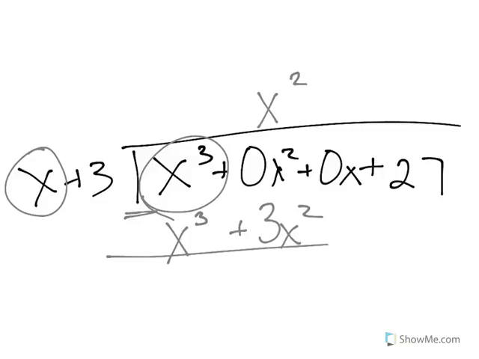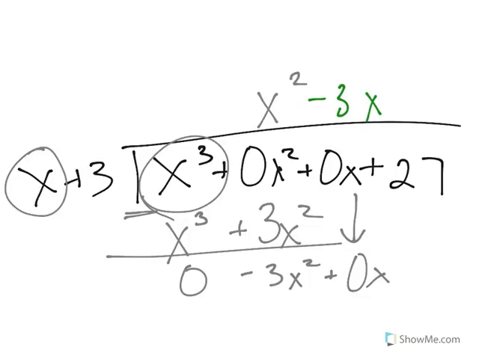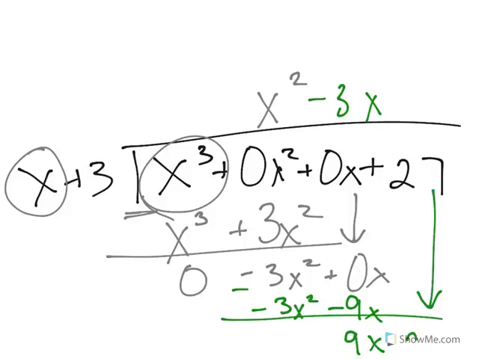We subtract this, so we get 0 minus 3x squared, and we bring down the next term, which is just 0x.